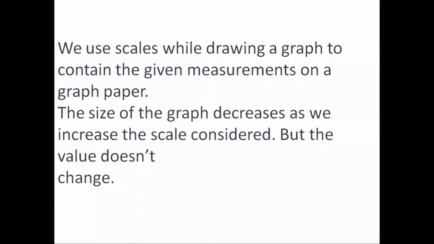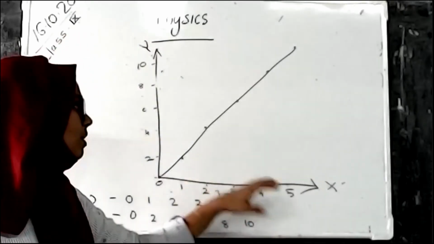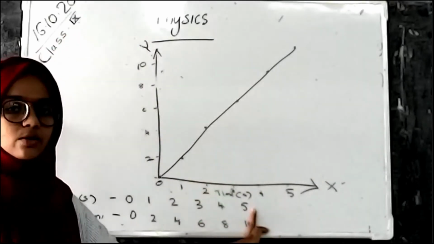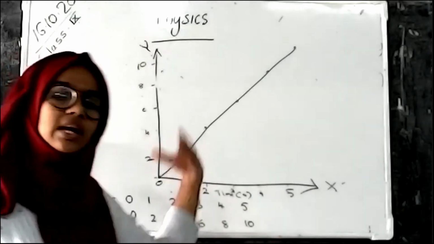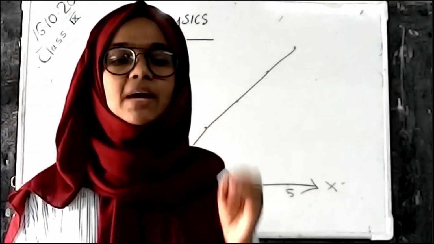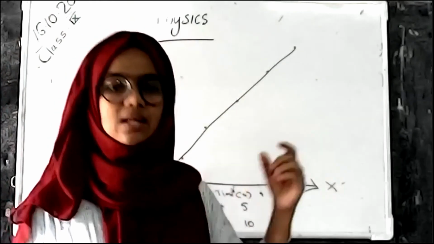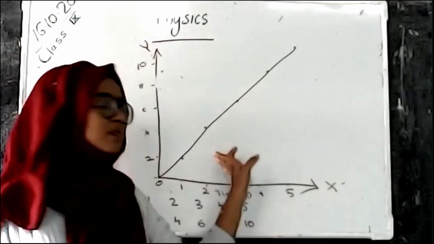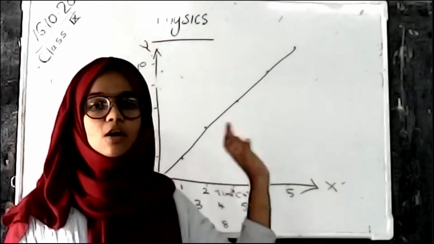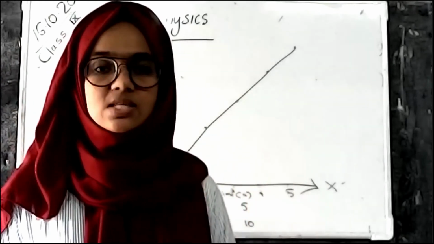But based on the values, we can change the scale we consider. We use these values to draw another graph. Based on the scale we take, the shape or the length of the graph changes.